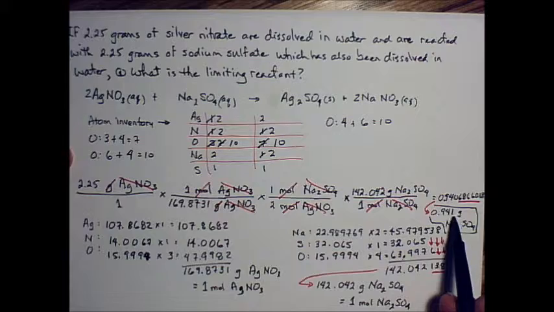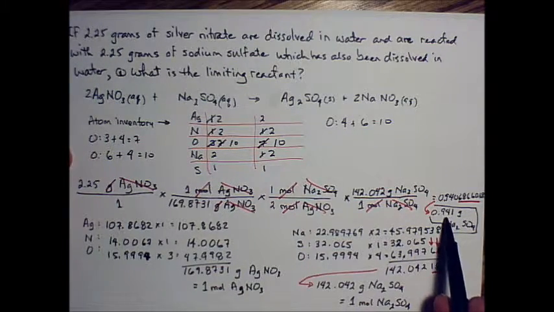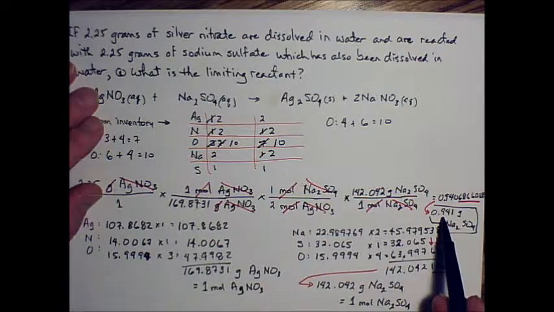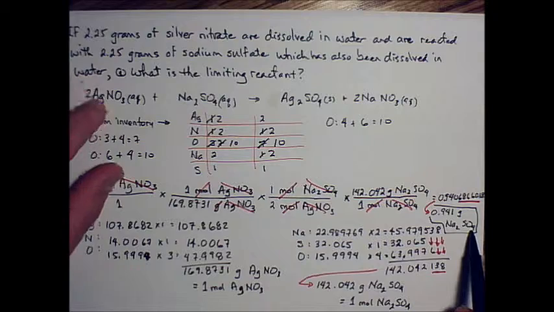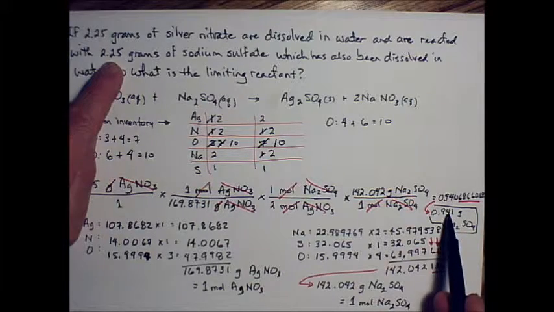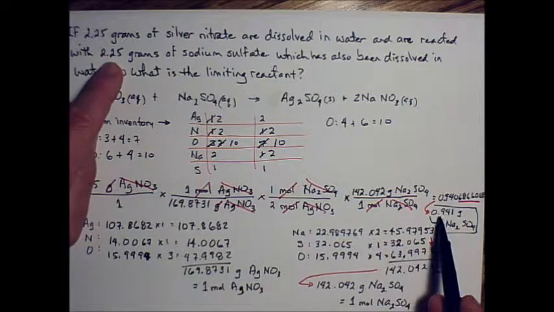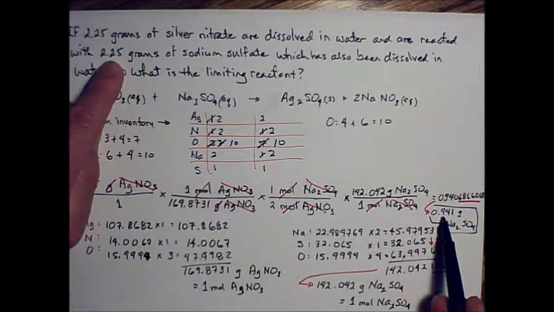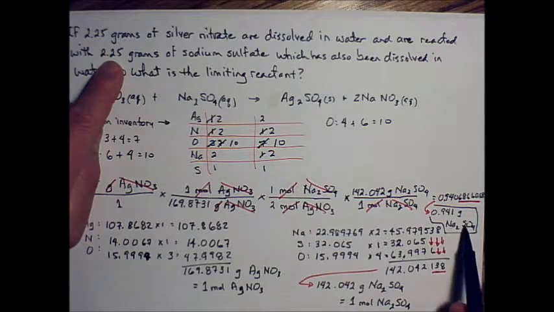If the amount you calculate of a reactant is less than the amount you're given in the problem, well, this is less than this amount up here given in the problem, then this is the excess reactant.